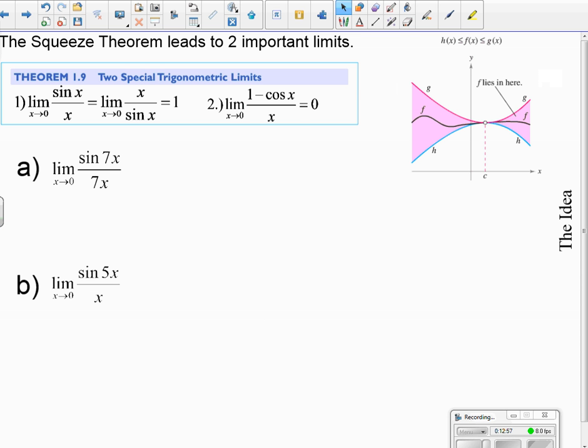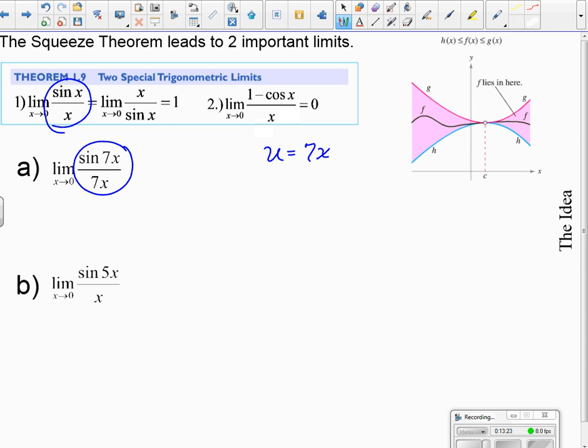So utilizing these two special trig limits, let's look at a few problems. So letter A, the limit as x approaches 0 of sine of 7x over 7x. Well, you may not think that these two look much alike, but indeed they do. I could do a little technique and just say, let u equal 7x.